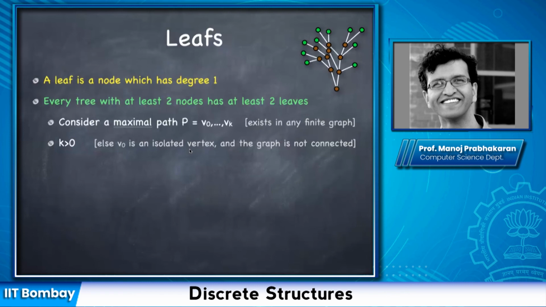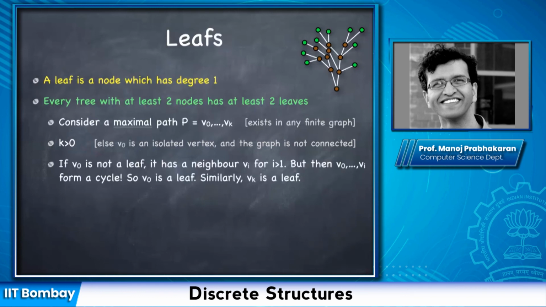But if it is an isolated vertex, and if the tree has at least two nodes, then we have a contradiction because it'll have at least two connected components. It won't be a connected graph anymore. So, since the tree is connected and it has two nodes, this cannot happen. So the path has at least two nodes in it.